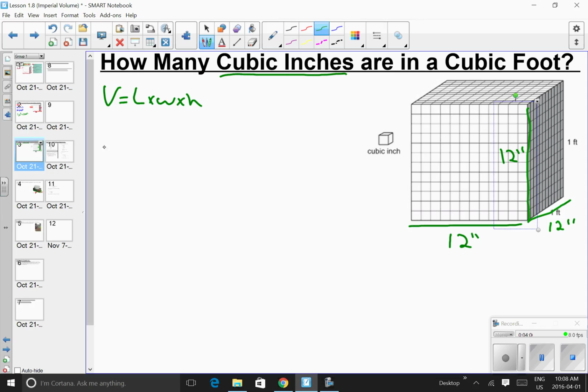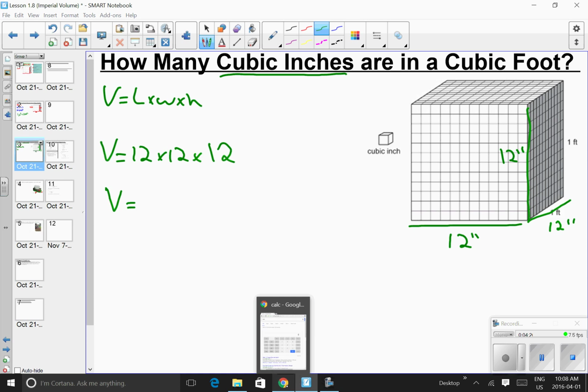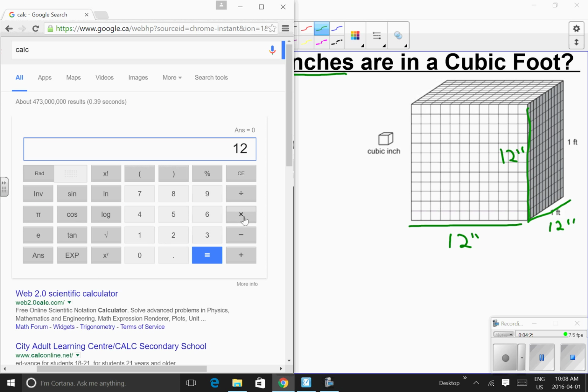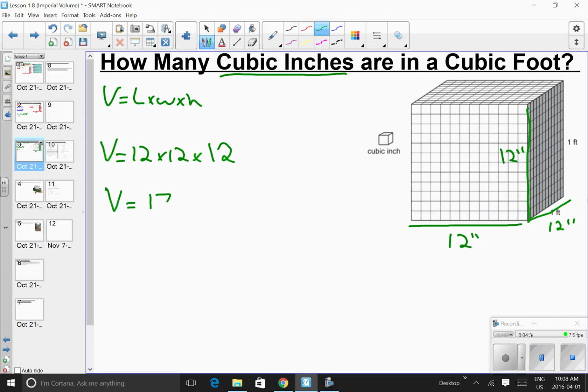So my volume is, my length is 12, my width is 12, and my height is 12. 12 times 12 is 144. 12 times 12 times 12 is 1,728 cubic inches, or inches cubed. Right, so that's what 1 cubic foot is.